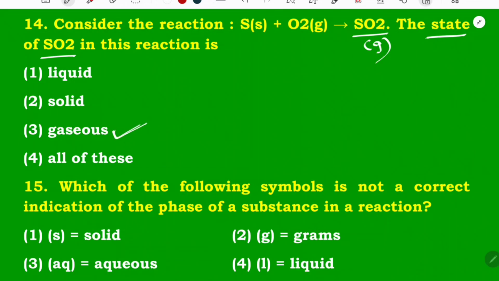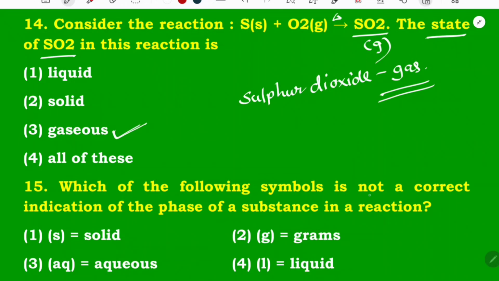When sulfur burns in the presence of oxygen, we get sulfur dioxide, which is a gas.